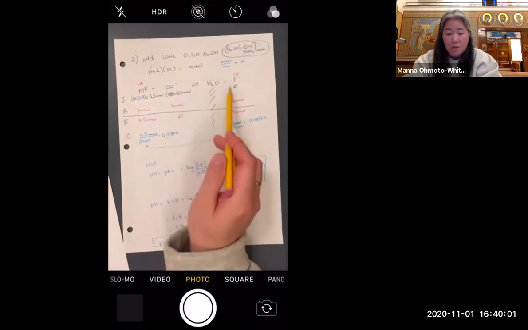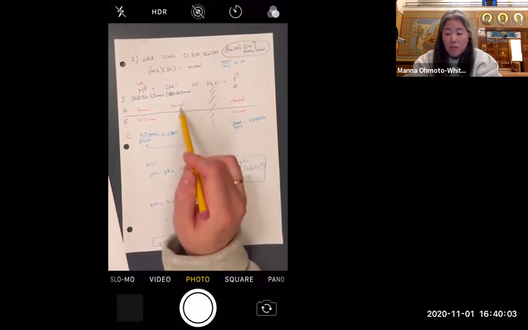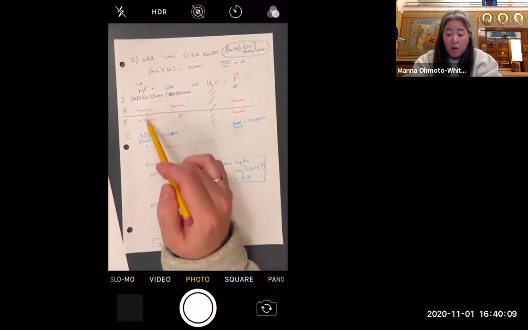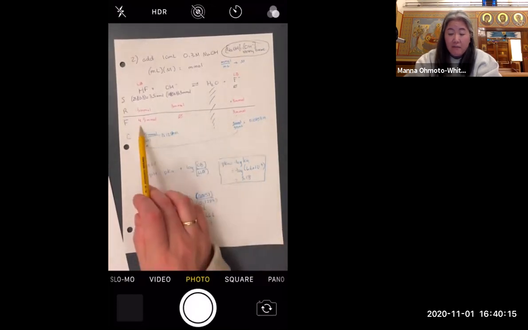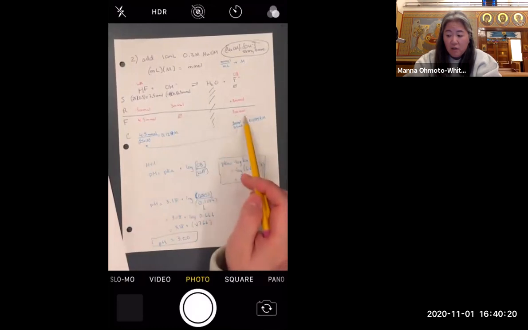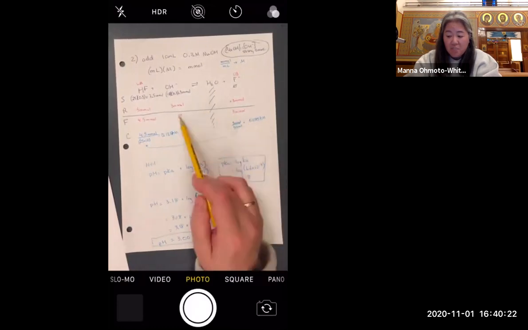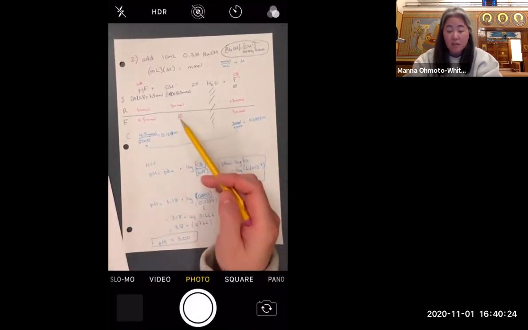Don't have anything yet. I'm going to assume that all of my hydroxide ions are reacting completely, so they will pull off 3 millimoles of hydrogen ions from HF. So in the end, finally, I will have 4.5 millimoles of HF and 3 millimoles of fluoride ions. Nothing here because it's reacting completely.